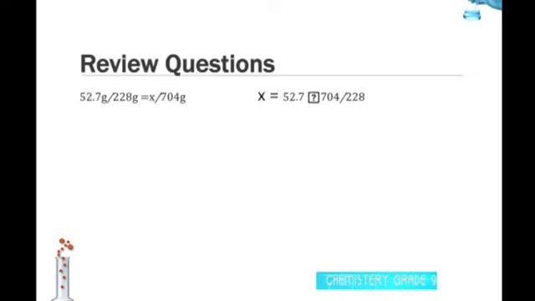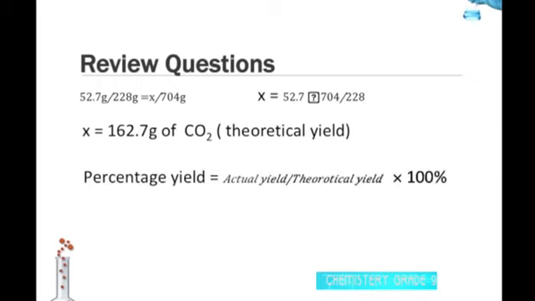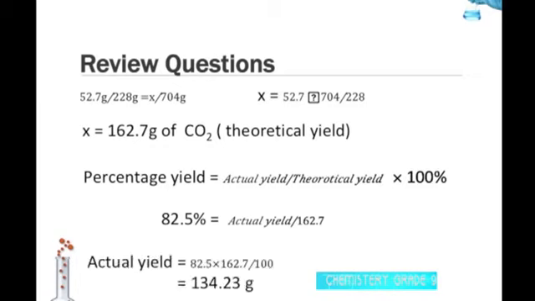Set up the proportion, solve for x. 162.7 grams of carbon dioxide. This is the theoretical yield. So the percentage yield, which we know is 82.5%, equals the actual yield divided by this number. So the actual yield is 134.23 grams.